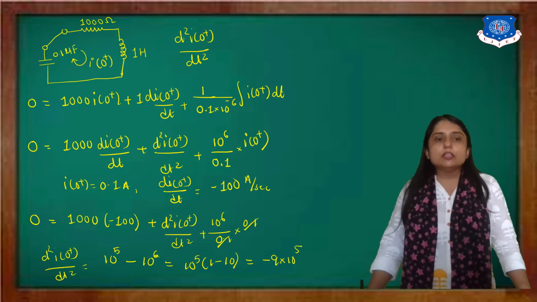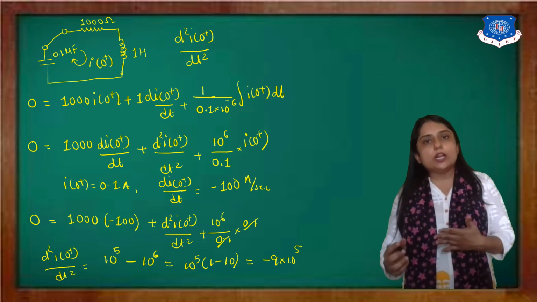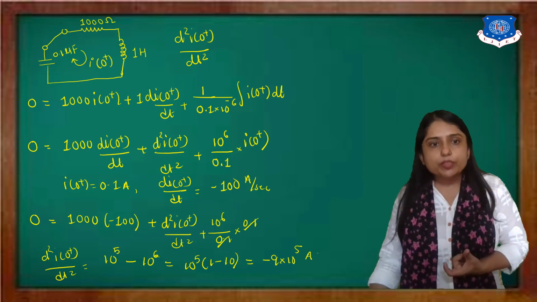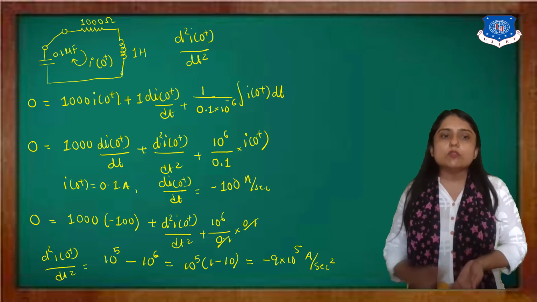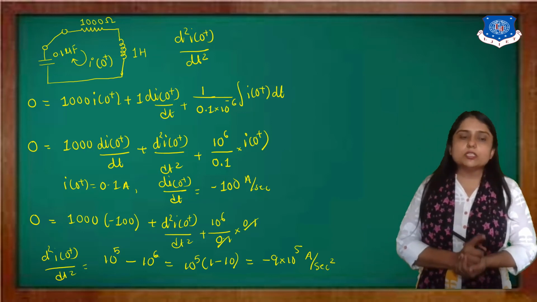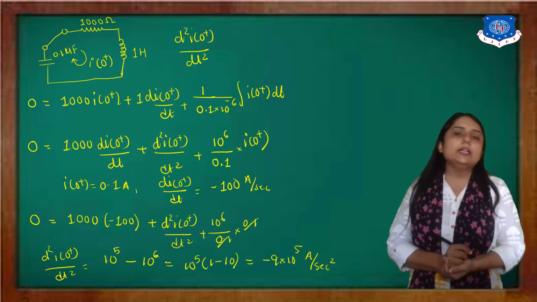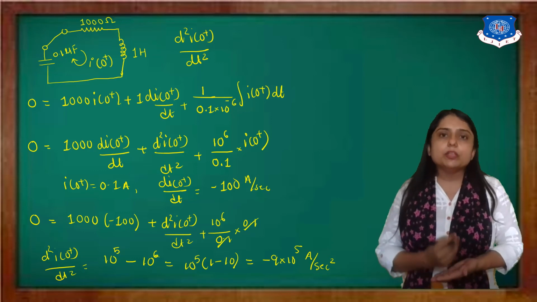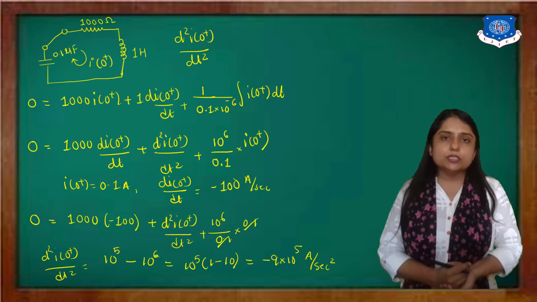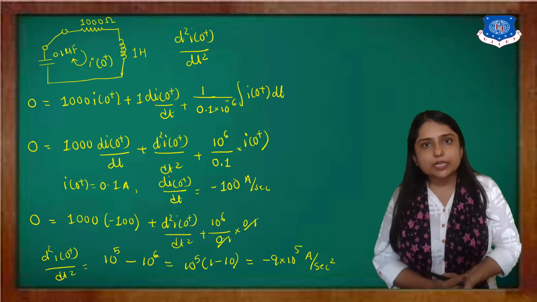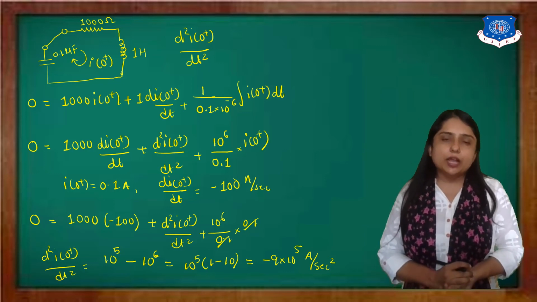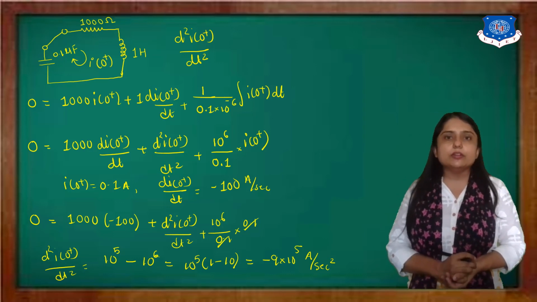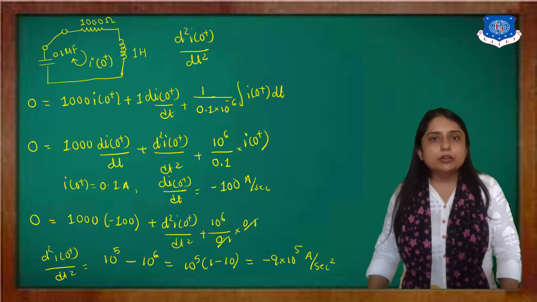The unit: we want d square I/dt square, so the unit of I is ampere and t square is second square. So this is the value of d square I(0+)/dt square. The value of I(0+) equals 0.1 ampere, the value of di/dt at 0 plus is minus 100 ampere per second, and the value of d square I/dt square is minus 9 times 10 raised to 5 ampere per second square.